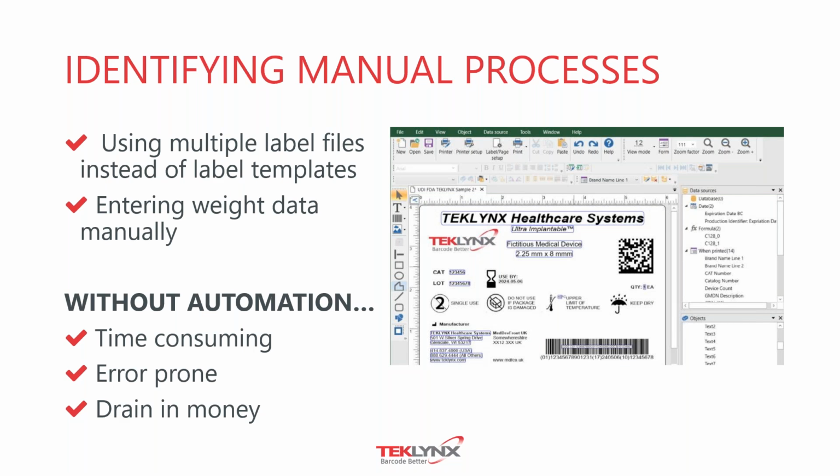Now, the main question this webinar hinges on is if your current labeling process is too manual. So do you have multiple label templates, do you have multiple labels rather than a few select templates? Like if you have 500 different part numbers or items or whatever it is you may be shipping or labeling, it's very time consuming and work intensive to have 500 different label files to keep track of.